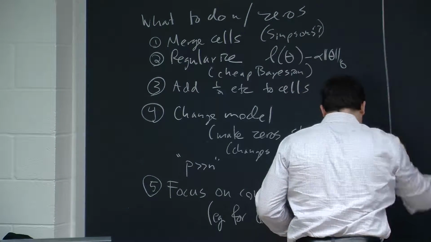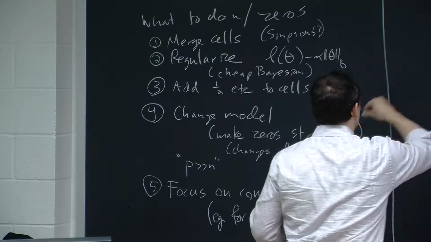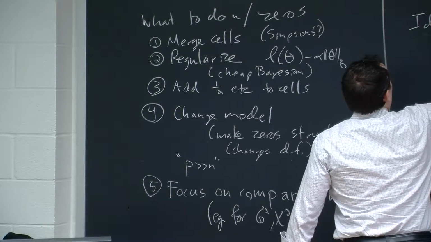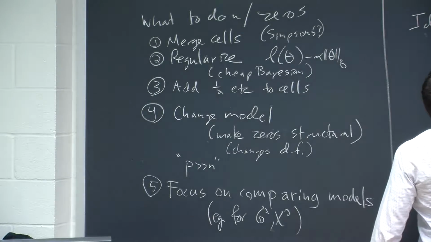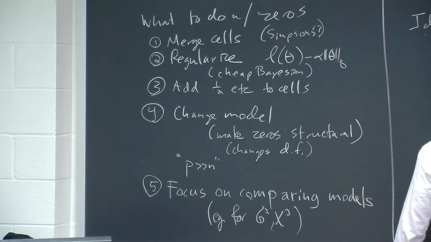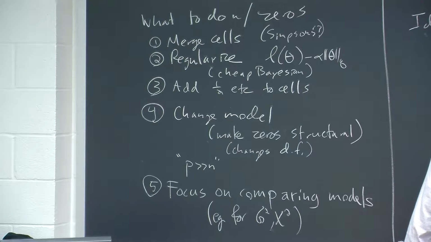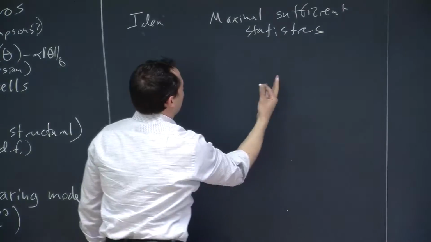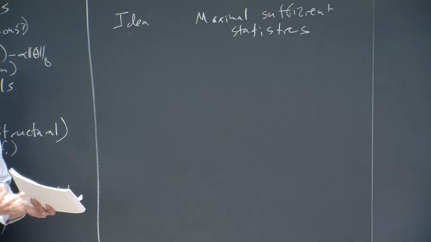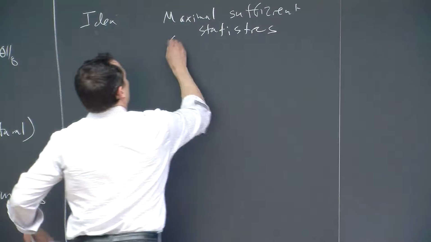So what do we mean by that? Well, the idea is that, remember, we're looking at these maximal sufficient statistics, maybe minimal sufficient statistics. Anyway, the facets, the biggest things that we're measuring, the largest interaction terms.